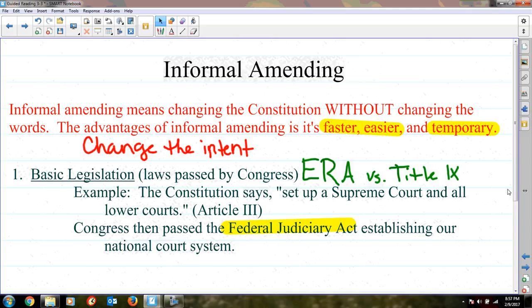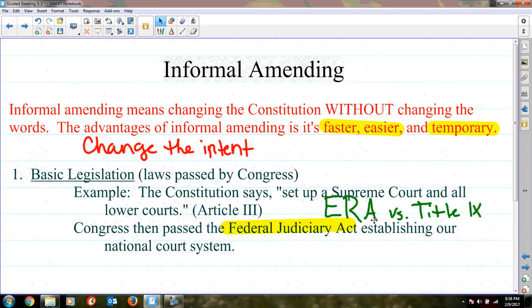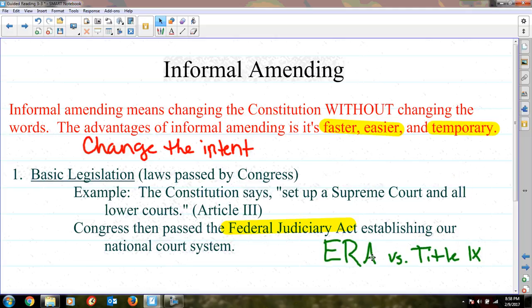Well, Congress didn't exactly know how to do that, so it passed the Federal Judiciary Act and it established our national court system. So today the way our court system is set up is because of that law, not because it's in the Constitution. That is an informal amendment. The ERA and Title IX, what we're talking about, is on the back of your notes, and we're going to deal with that in class.